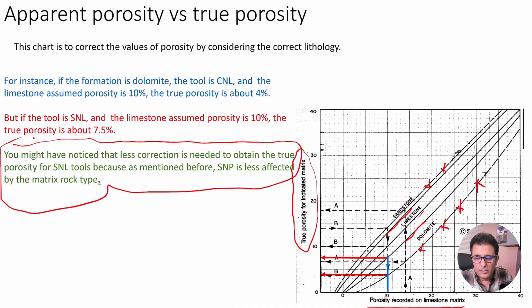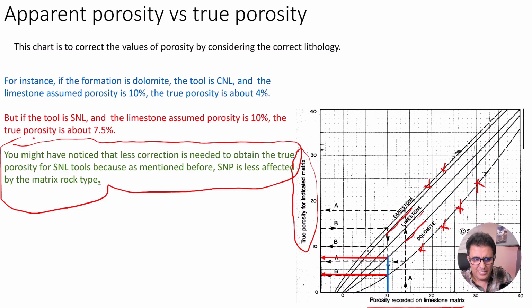So the wrong porosity was 10, and in order to correct it, the error was about 2.5 units of porosity. But for CNL, it is 6 units of porosity. It's a huge number in order to get to the correct porosity.